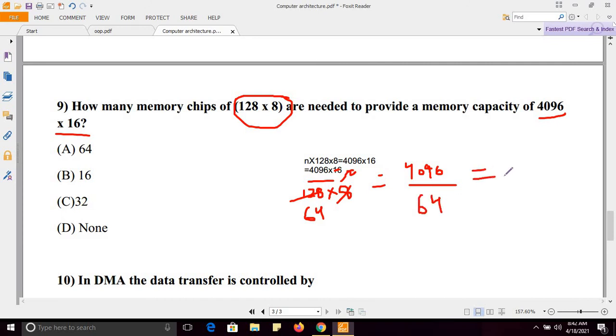Just calculate it, 4096 divided by 64 is equal to 64. So right answer is option A.